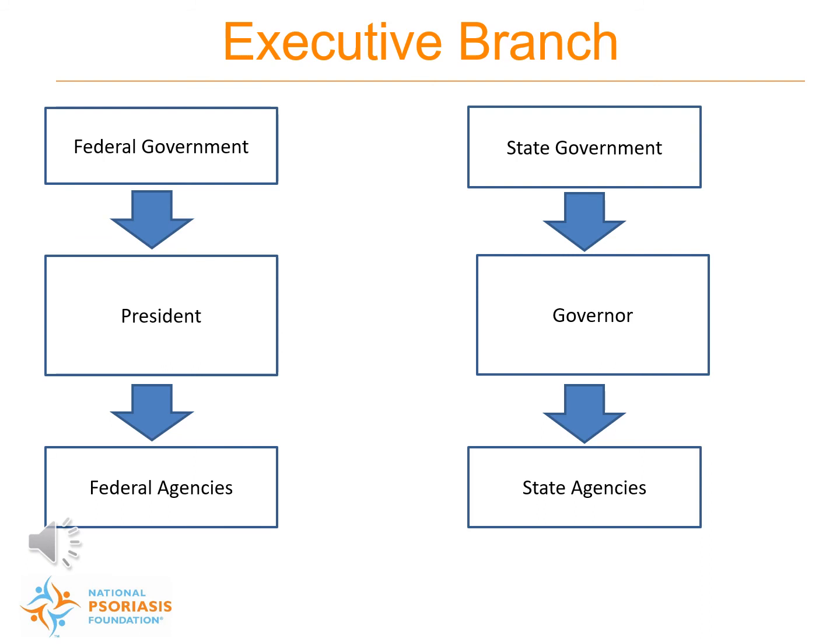The NPF advocacy team and volunteer advocates engage agencies to inform them how the rule may affect our population and provide recommendations on how the rule should be drafted. Advocating after a law has been passed to ensure that it will be followed is an extremely important part of the advocacy process.